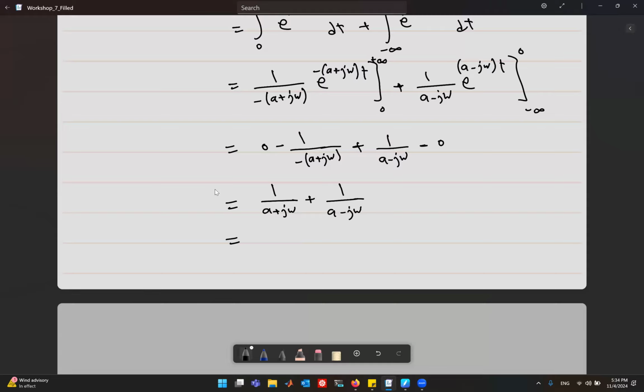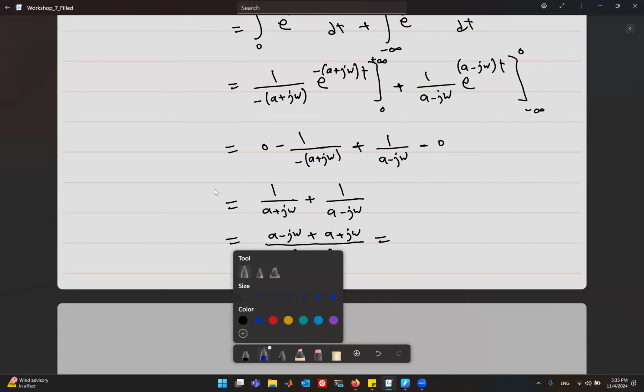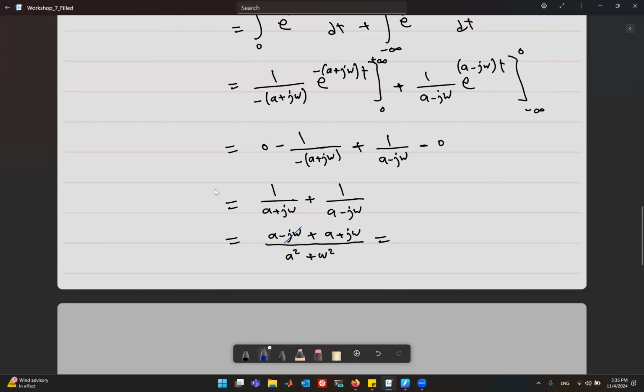So you get a minus j omega plus a plus j omega divided by a square plus omega square. And then those terms cancel, and we get 2a divided by a square plus omega square.